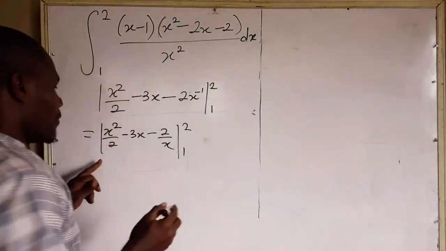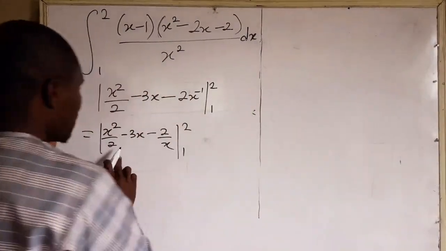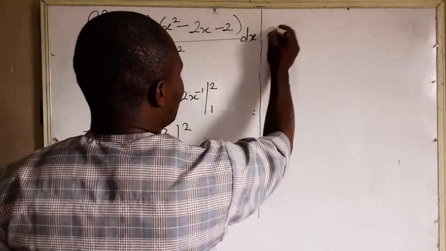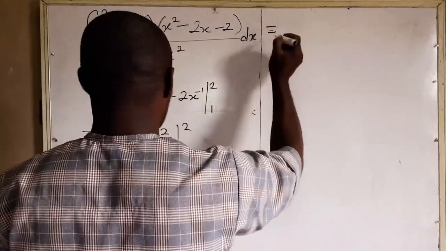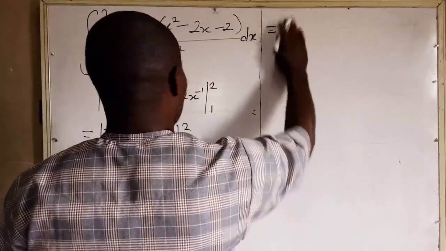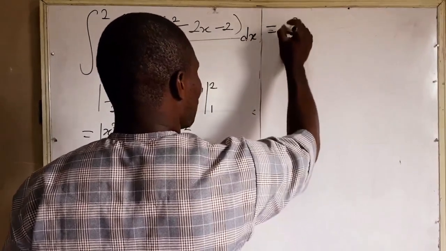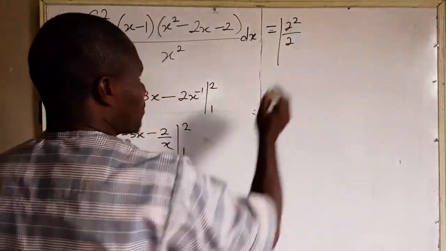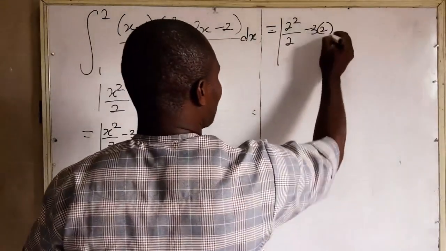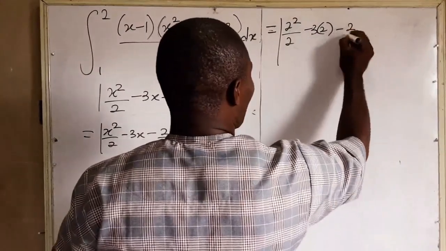So we have to put 2 inside. By putting 2 inside here, we have 2 squared over 2 minus 3 times 2 minus 2 over 2.